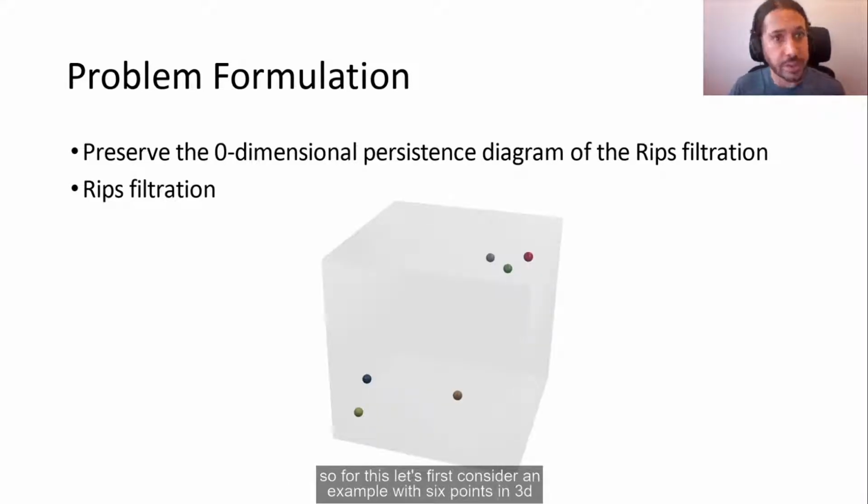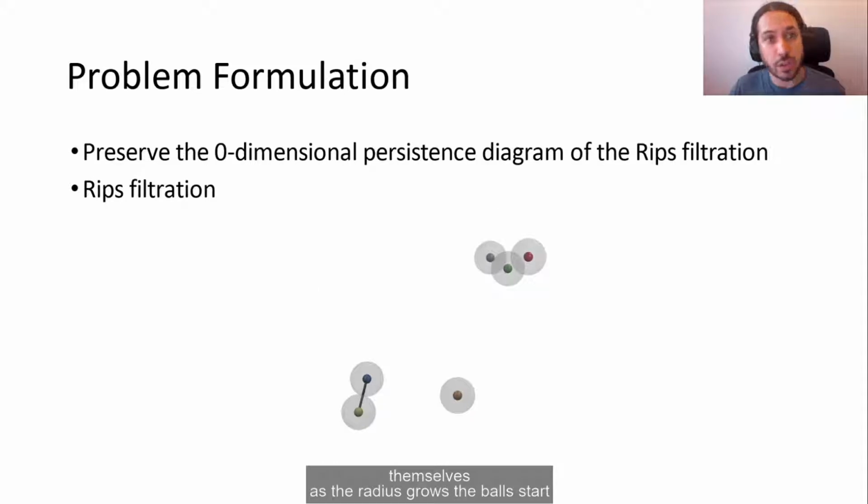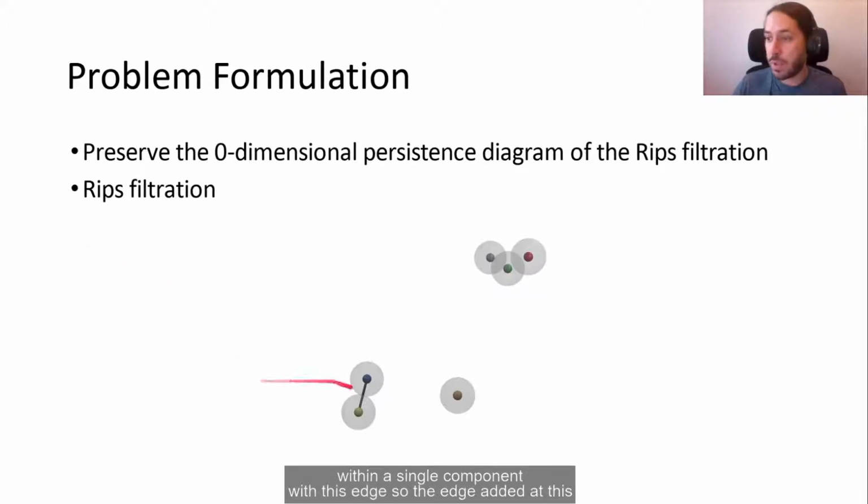So for this, let's first consider an example with 6 points in 3D. The Rips filtration will start by growing balls of increasing radius around these points. Initially, it's the set of points themselves. As the radius grows, the balls start merging with each other, and here the two closest ones merge within a single component with this edge.